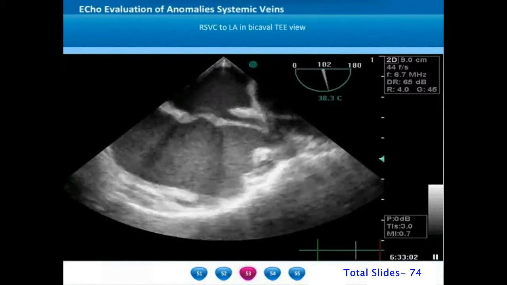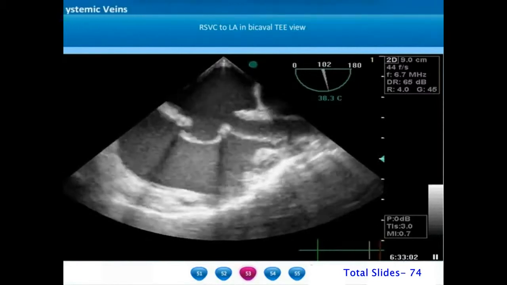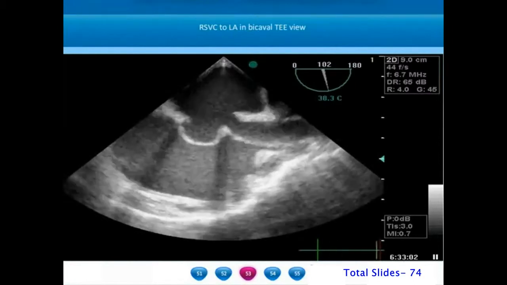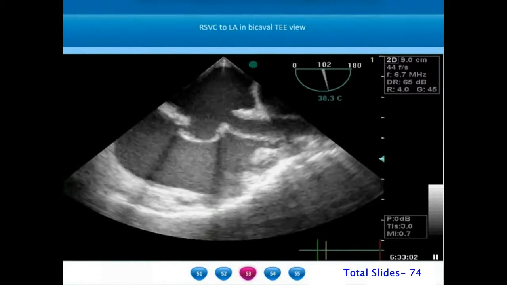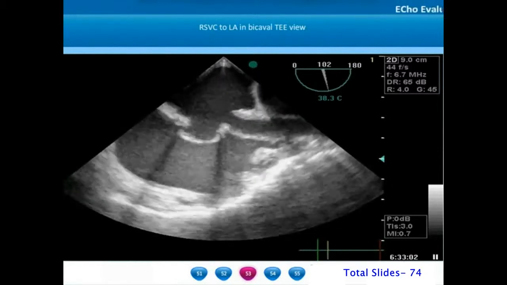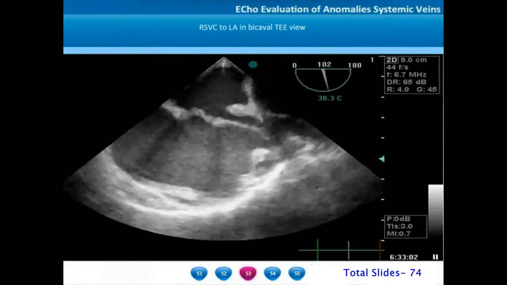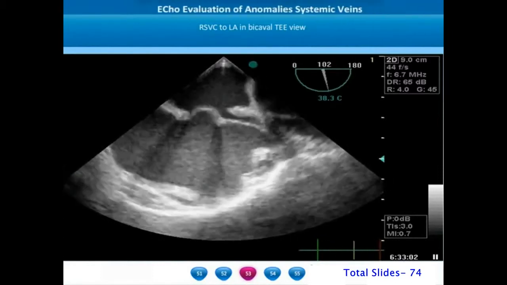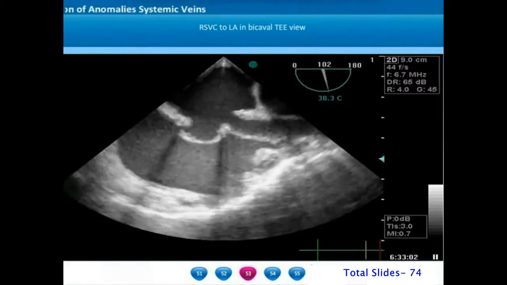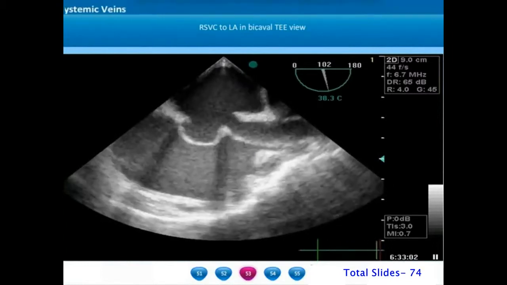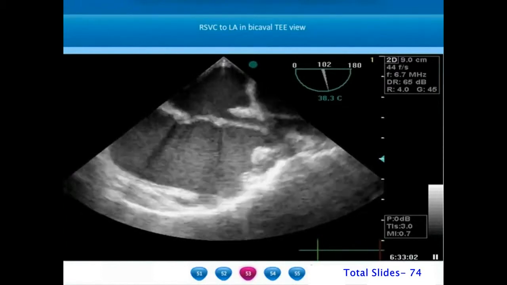Another example is a patient with a large secundum atrial septal defect, which has been patched abnormally, that results in the superior vena caval blood flow getting wrongly connected towards the left atrium. We can notice the flow of the superior vena cava posterior to the plane of the atrial septum in this long axis bicaval view.